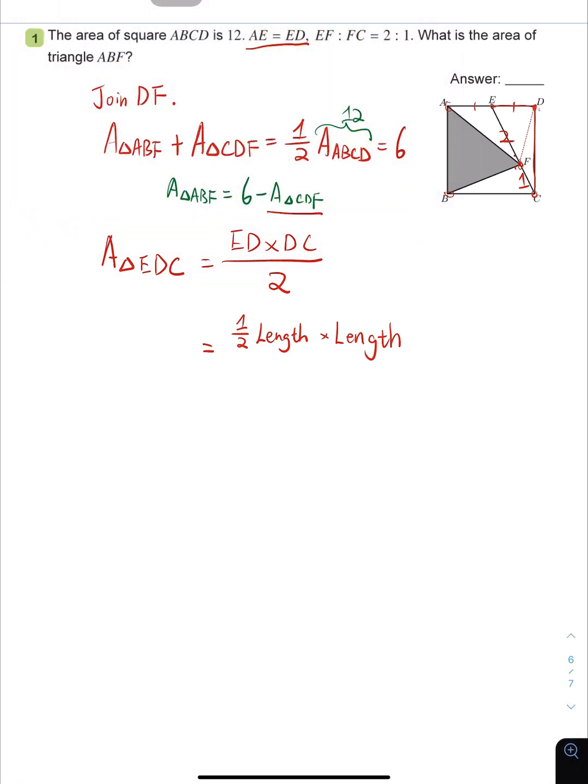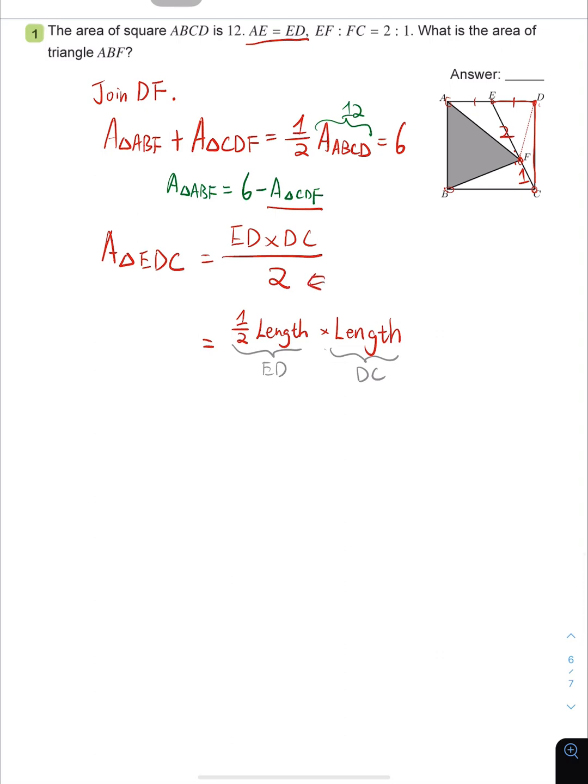So this is ED, and this is DC. Do I know the length for a square with area 12? Not really. But it doesn't really matter. Let's see how it's going to work out, okay? So, of course, I still need to divide it by 2. Don't forget about that dividing 2.